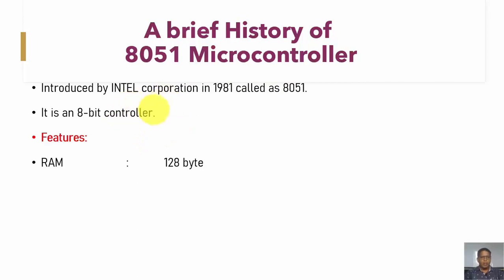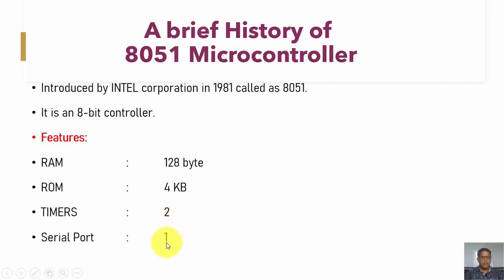When we talk about its basic features, the 8051 microcontroller has 128 byte RAM, 4 KB ROM. Then to support timer or counter operation, two dedicated timer sections.